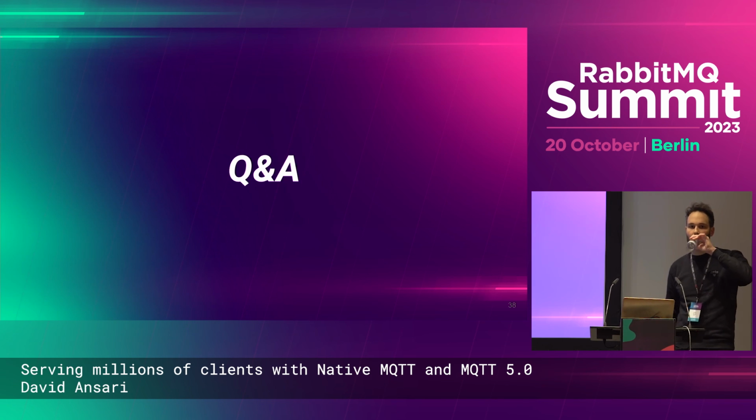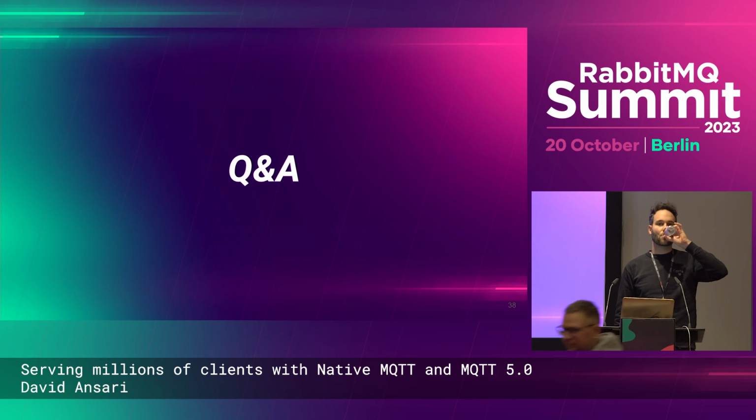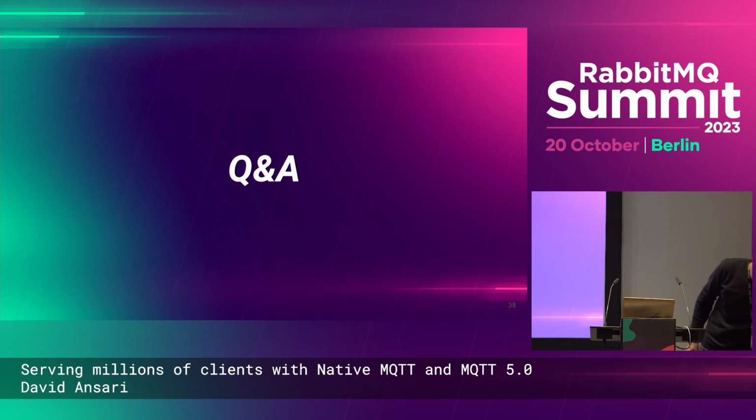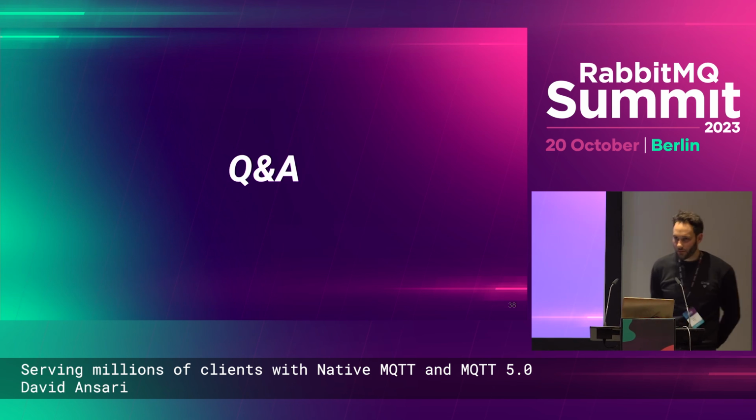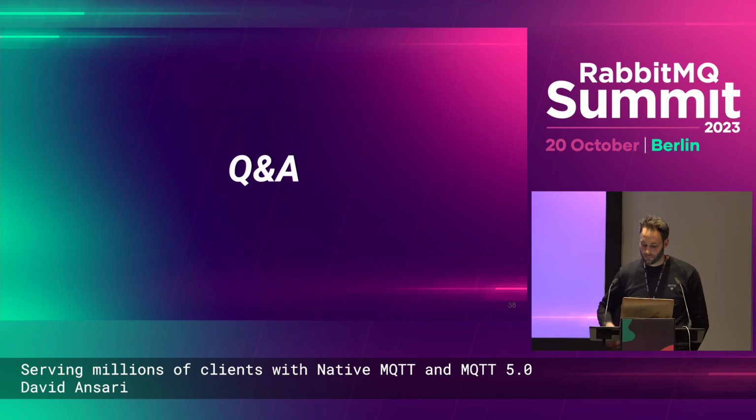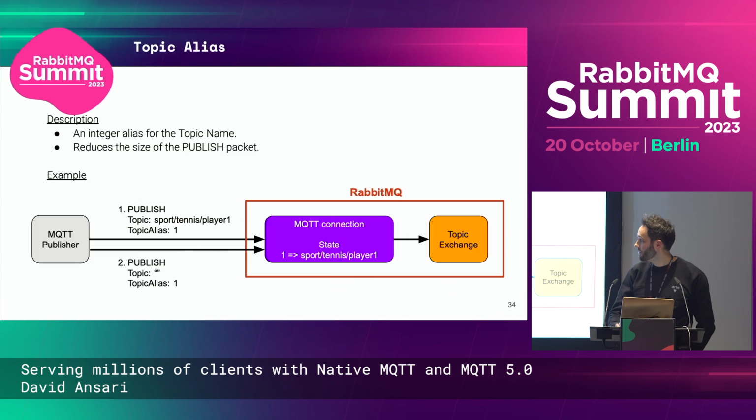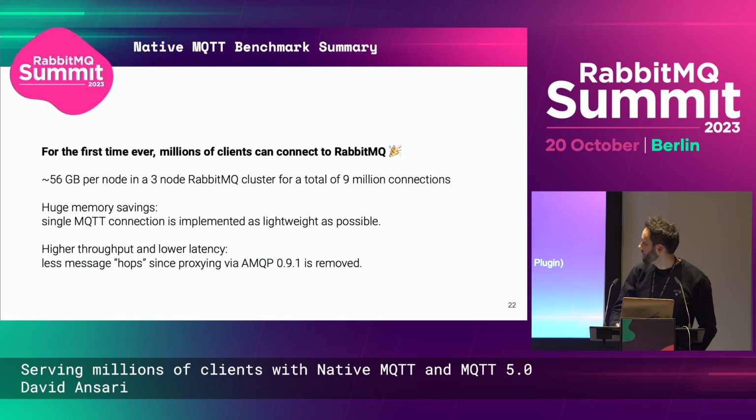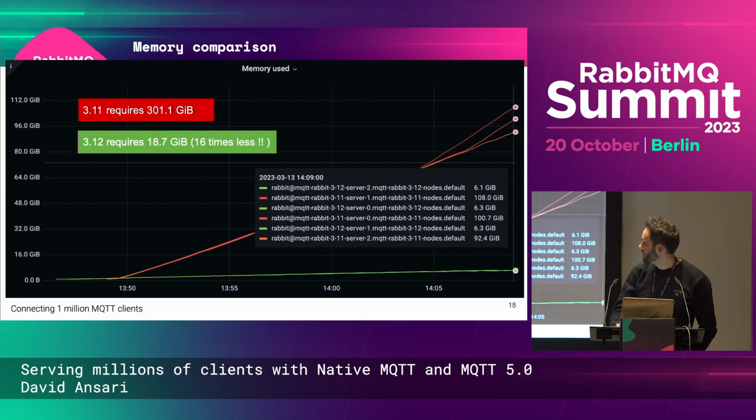Any questions? Yeah. You showed a graph for the differences in memory usage between the previous and the new implementation. Do you have any information on how that impacts the CPU, especially for high churn of clients connecting to Rabbit, for example?